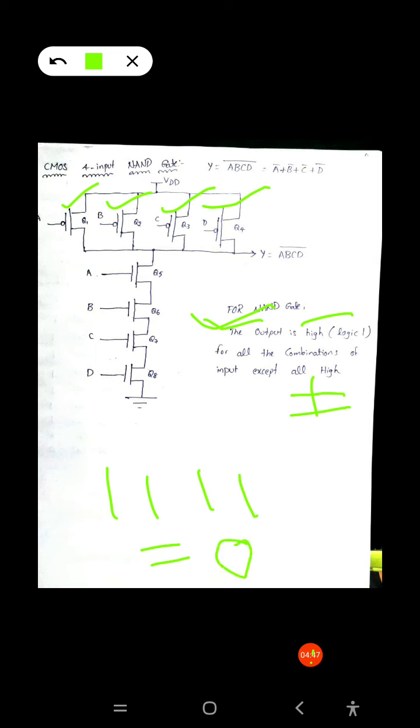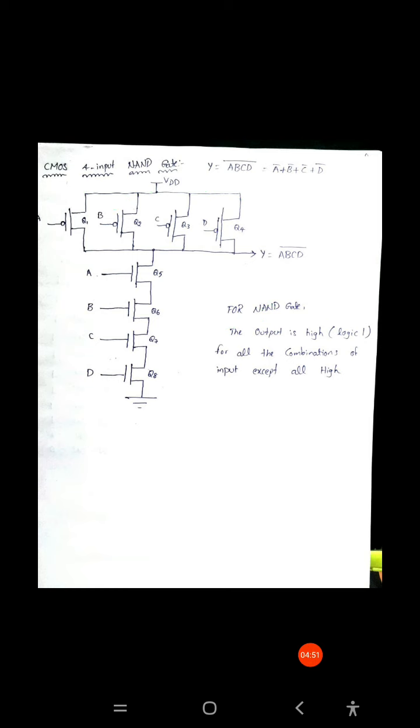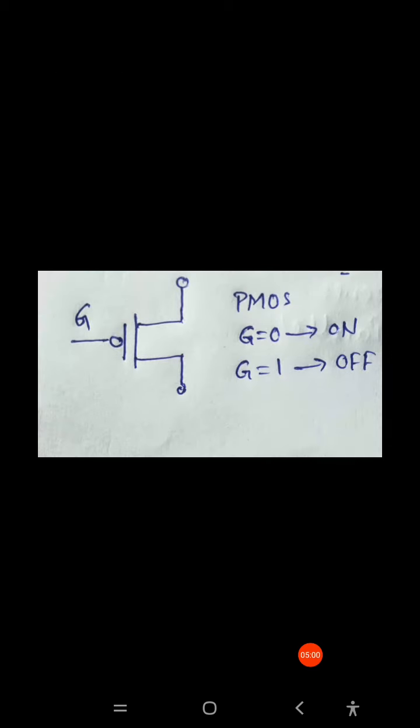For the remaining combinations the output is 1, that is logic 1. So that is regarding the CMOS NAND gate, and the truth table can be written as I already told you.